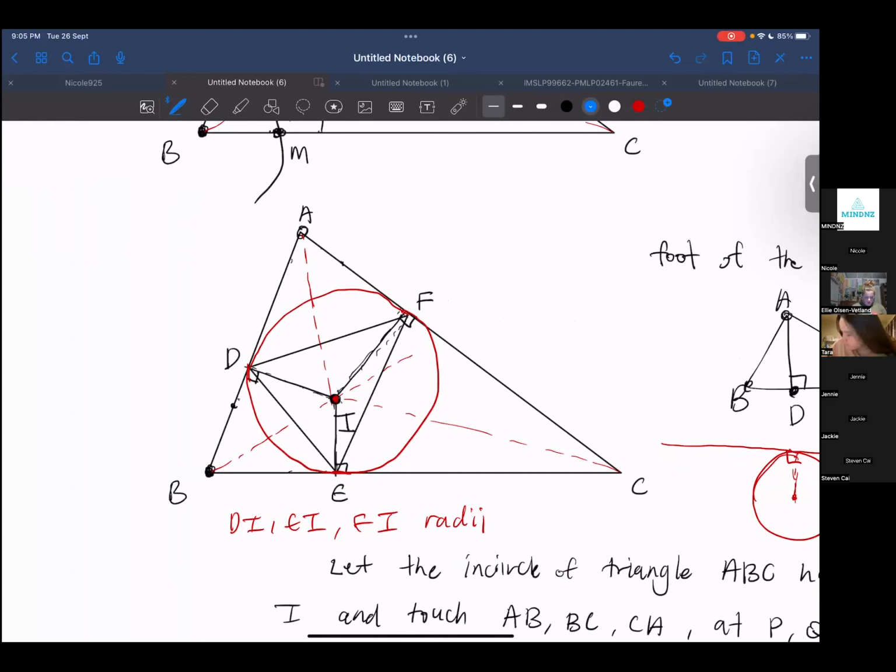AB only touches the circle at D, BC only touches the circle at E, and AC only touches the circle at F. So that's a really important property. There are a few more, but I don't think we have time today. These are the most important ones, I'd say. So I think we can probably wrap up here.